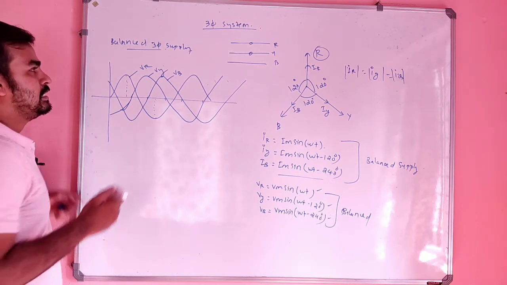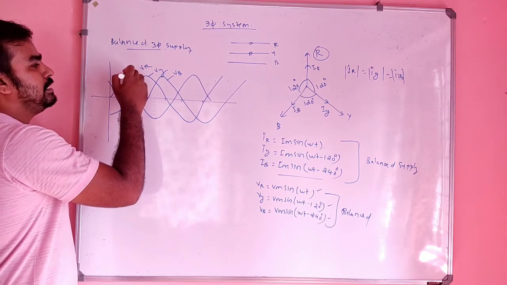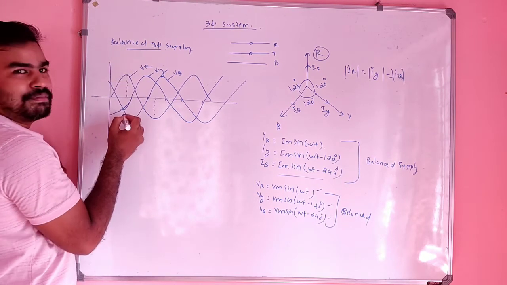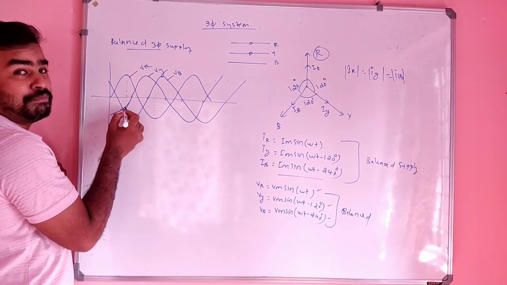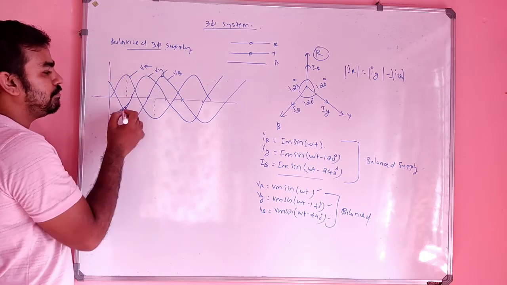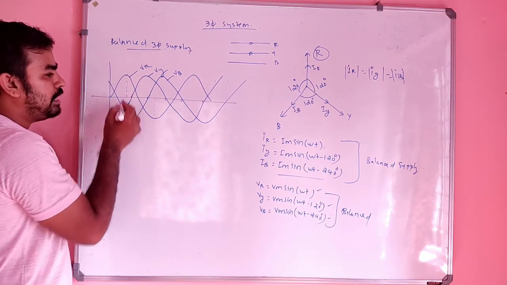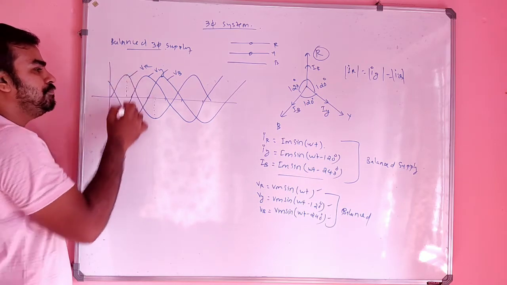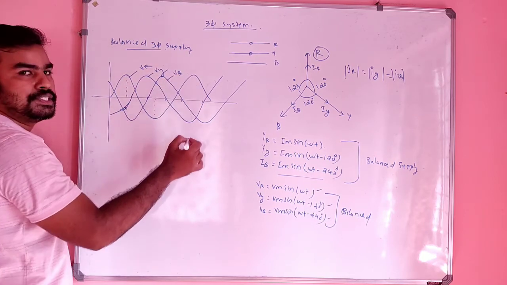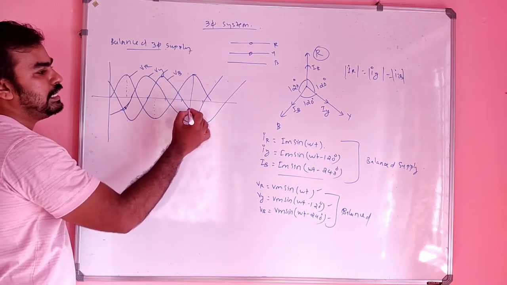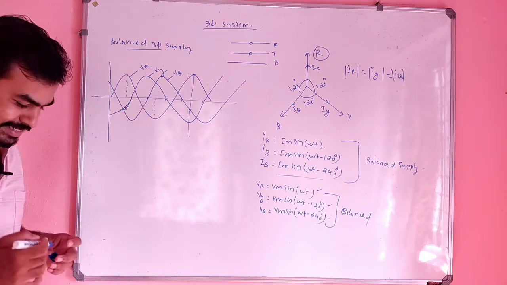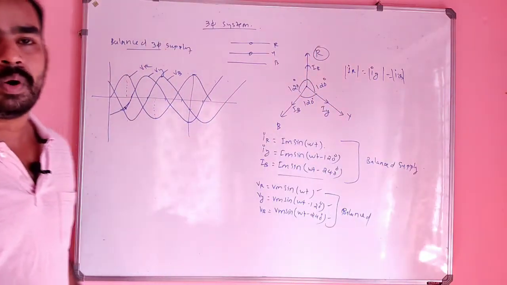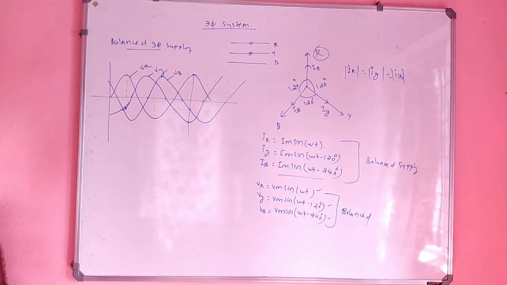Clear? That means suppose the R phase is at maximum at this point, the Y phase is not at maximum, and Vb again is negative, increasing on the negative side. That means at any instant the three phases are not equal. The instantaneous values of the three phases are different.